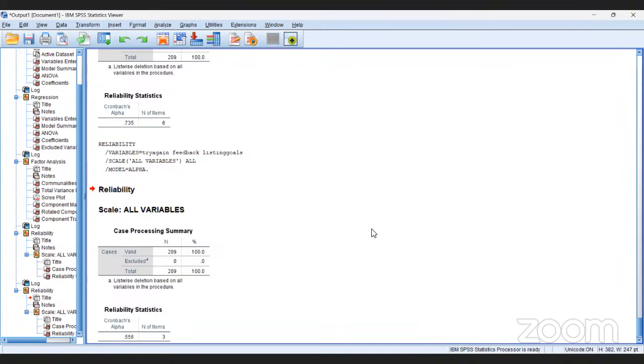Okay, sir. Sir, I have one request. Sir, from the next class, could you please explain what we are doing and in which case we will follow the steps that we do in SPSS? That is simple.